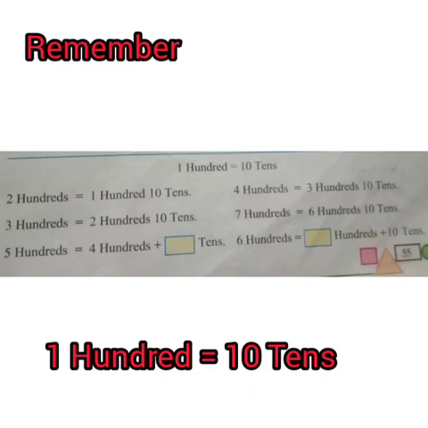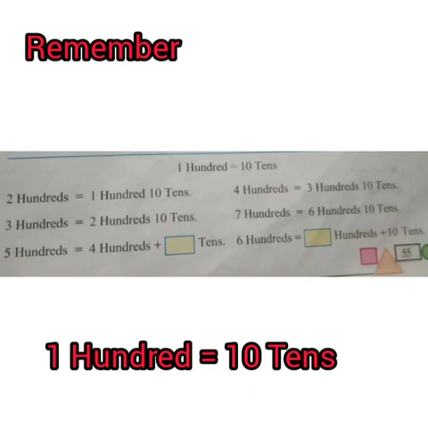Now second, 400 is equal to 3 hundreds and 10 tens. Again you can untie 100 and make it 10 tens. Do you understand? In the same way, you have to solve 300 is equal to 2 hundreds and 10 tens, and 700 is equal to 6 hundreds and 10 tens.